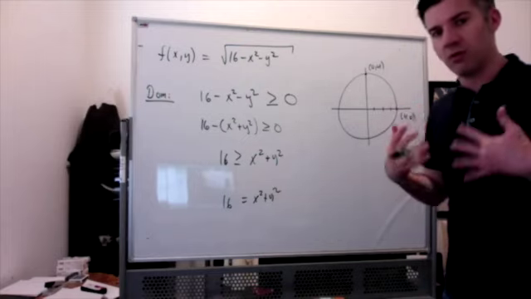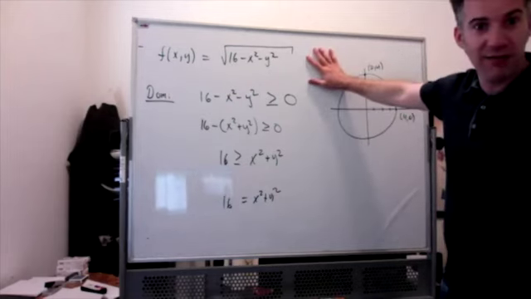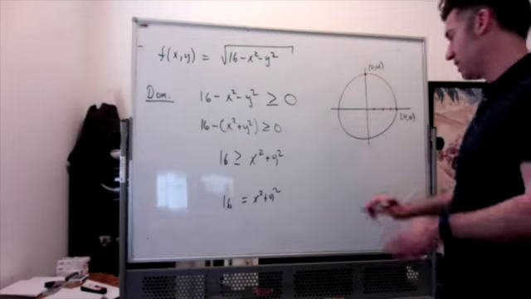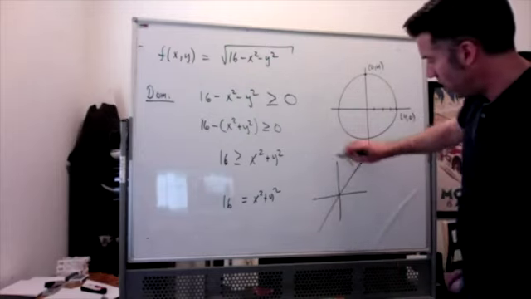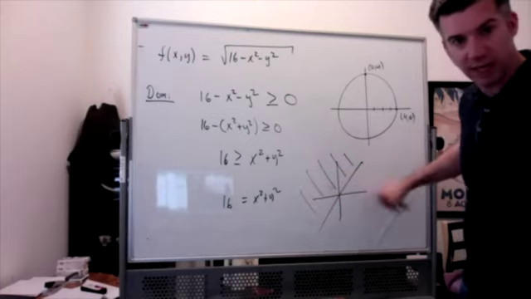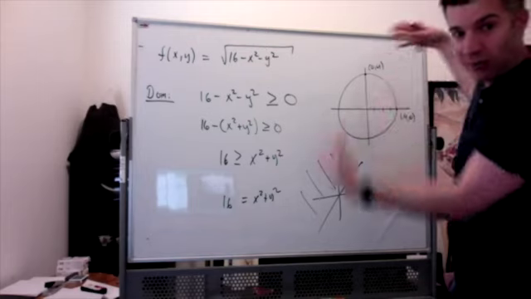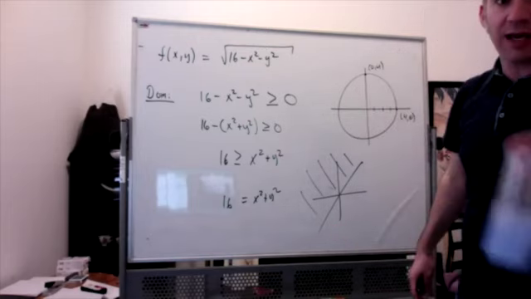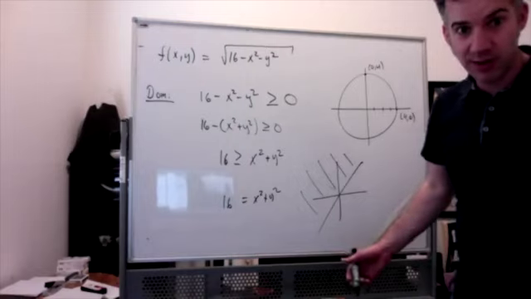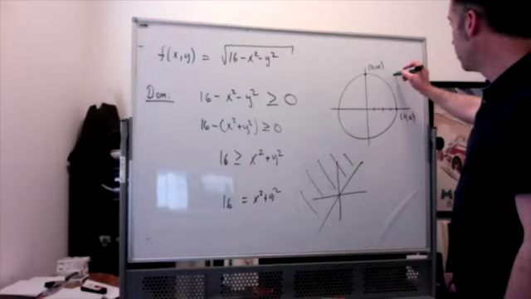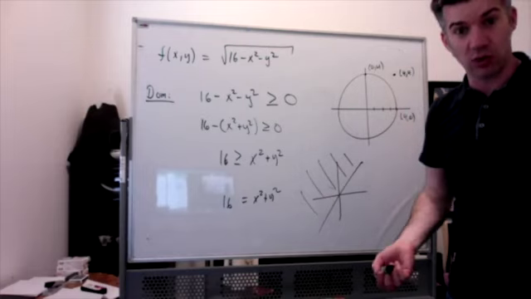And then what almost always happens is you either get everything on one side of your boundary or the other, because sometimes your boundary is like a line. So here you either get everything inside the circle or outside the circle. And the way you can check is by testing a point. I'm going to test the point 4, 4, which is definitely not in the circle.